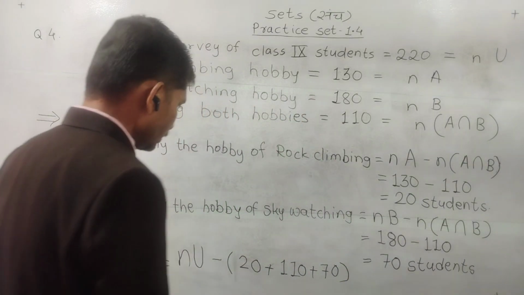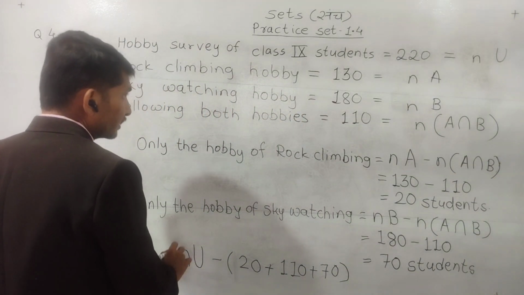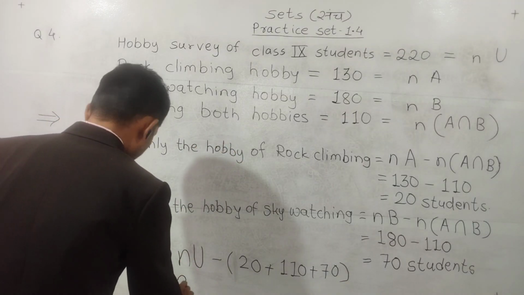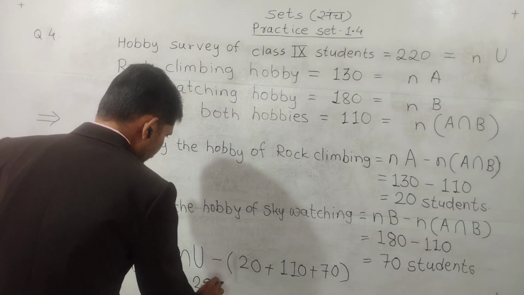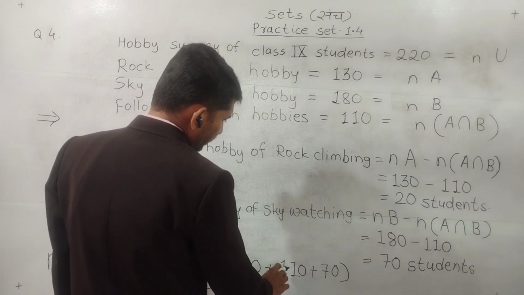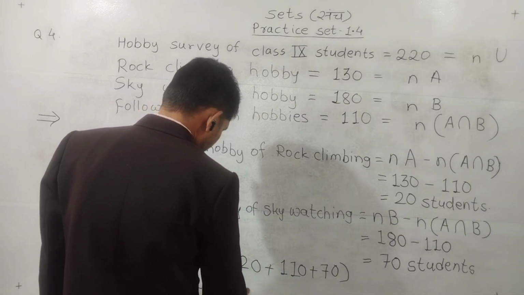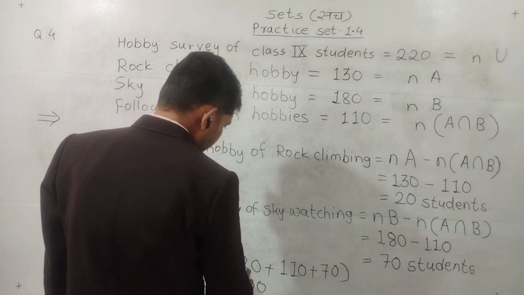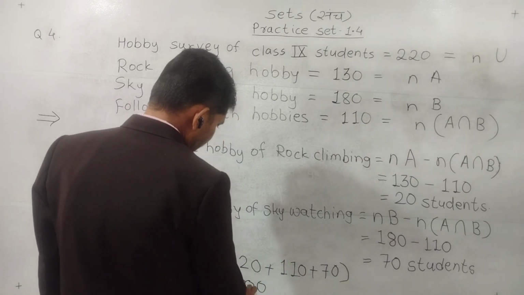Okay, so we will place the values just like universal set contains 220 elements, minus 110 plus 20, 130, 130 plus 70, 200. Okay, so here is 200. When we solve this bracket, we will get 200.